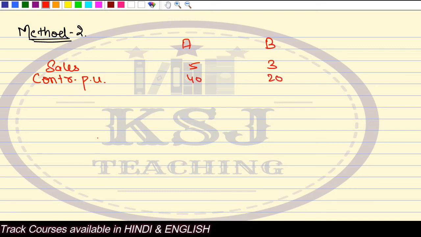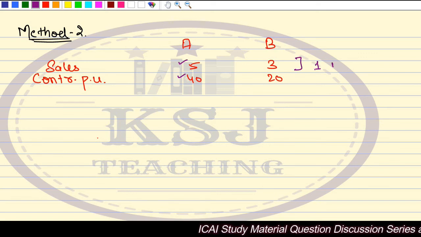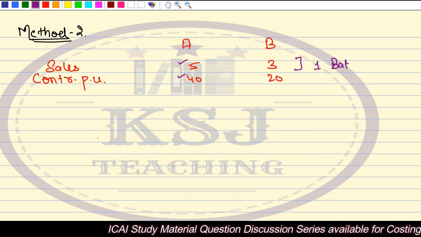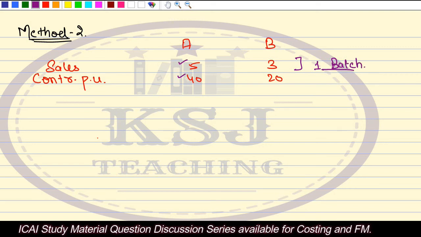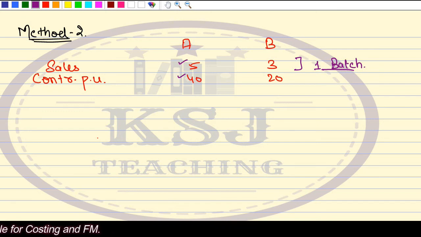Now you are selling 5 units and earning a contribution of 40. I say this is one bundle, one batch basically. You are selling 5 products and earning 40 rupees per product.